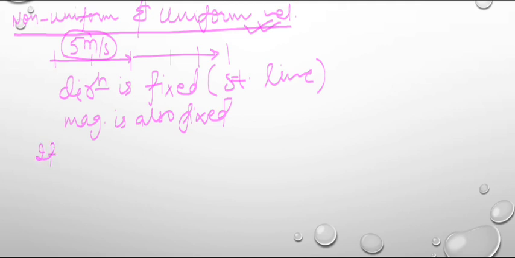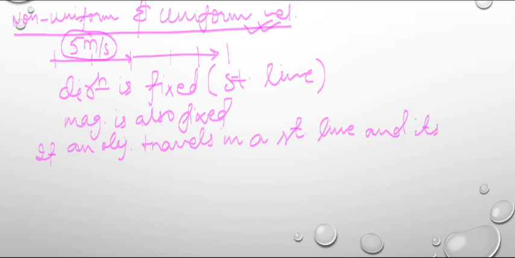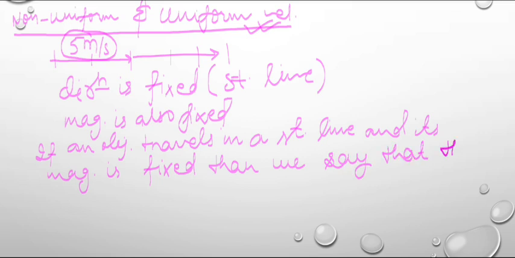If an object travels in a straight line and its magnitude is fixed, then we say that the object is in uniform velocity. Okay, uniform velocity.